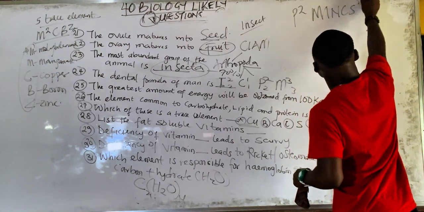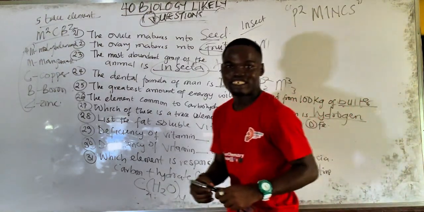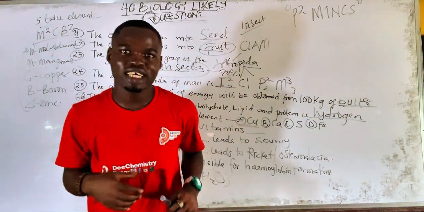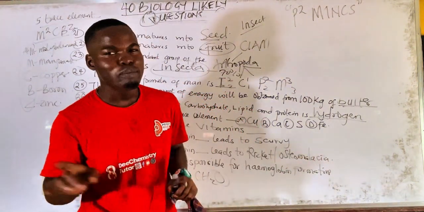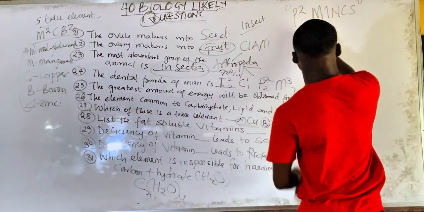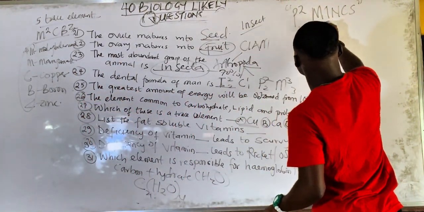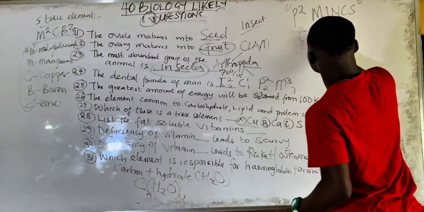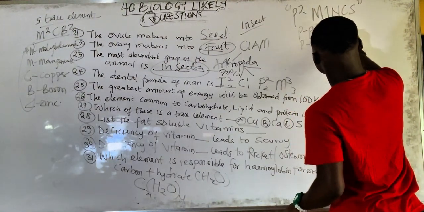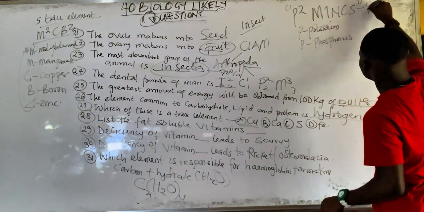That is P squared, then mix. It's not like the way they make music, okay? What does P mean? The first P is potassium. The second P is phosphorus. There are 7 in number.